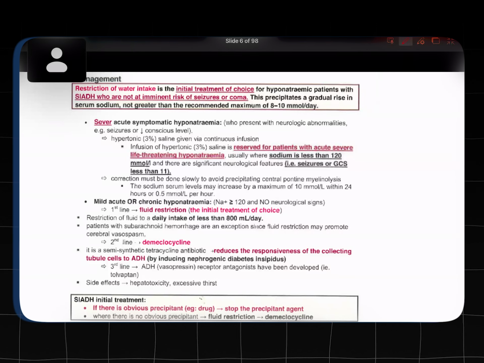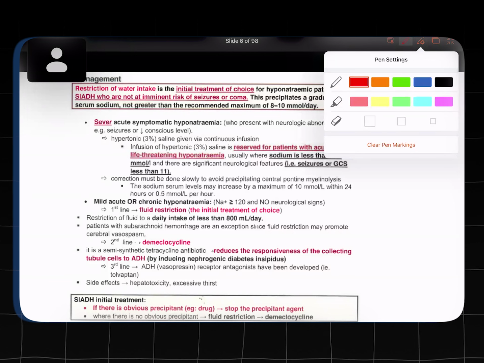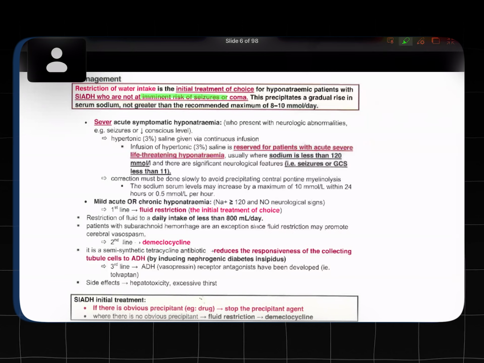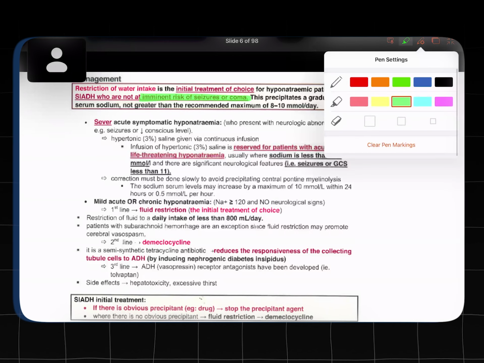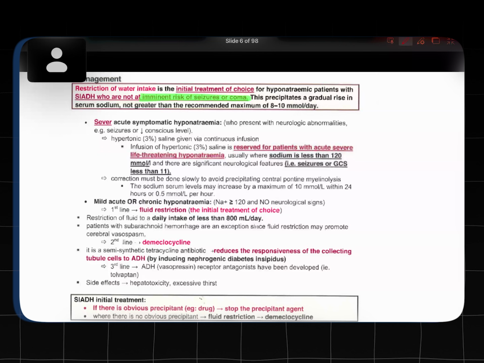Firstly. Secondly, you have to find out whether the patient is at risk for developing seizures or coma. If so, or if the patient is already having seizures, then you have to immediately correct the sodium with 3% NaCl.